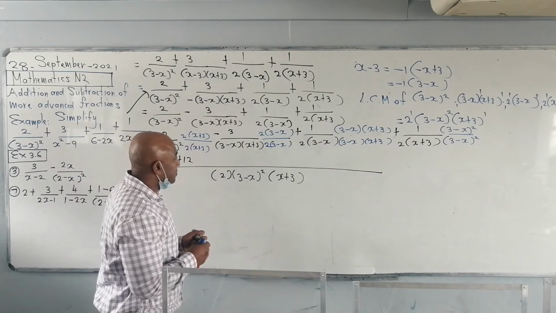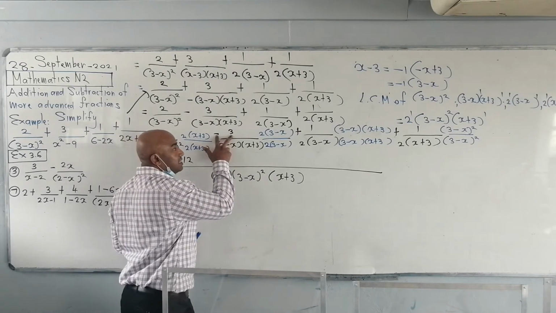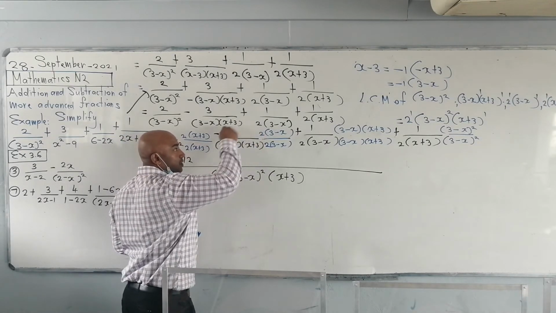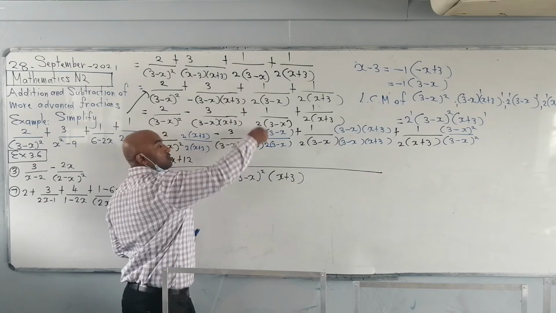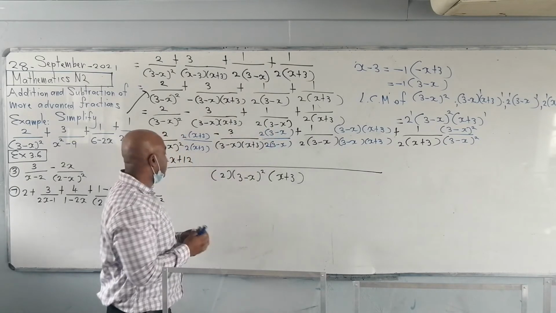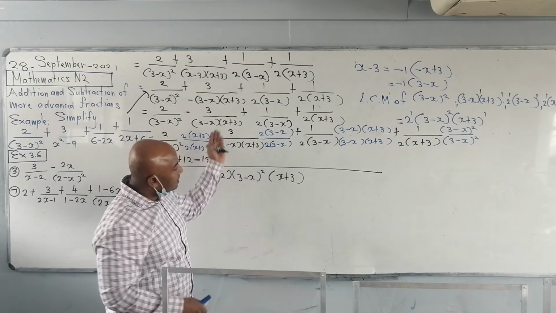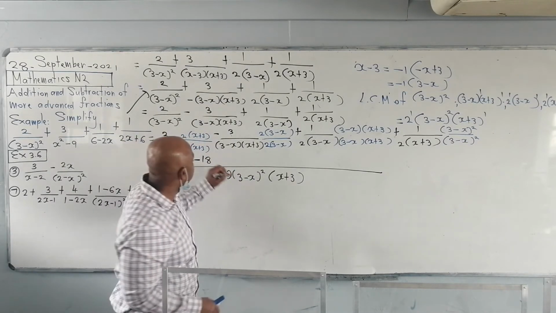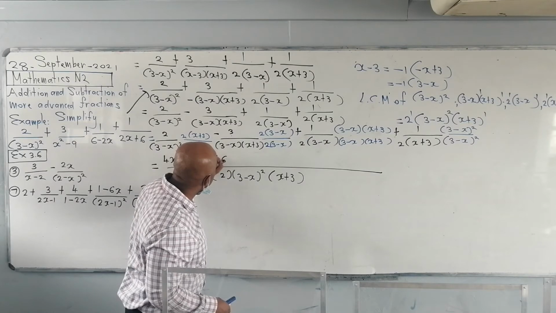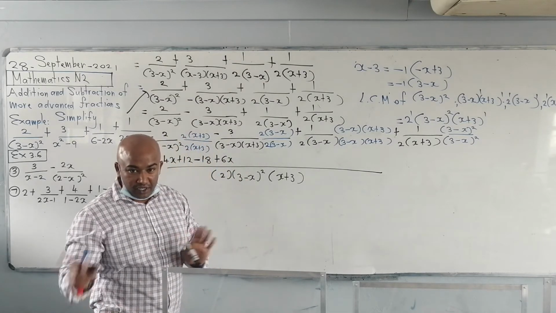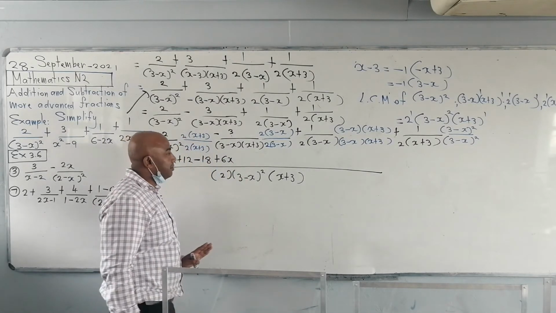Be careful here now. I've got minus 3 times 2. So the result here is what? Minus 6. So minus 6 times 3, which will give me minus 18. Minus 6 times minus x will give me a plus 6x. Right, you can work it with me here to make sure I don't make any mistake.